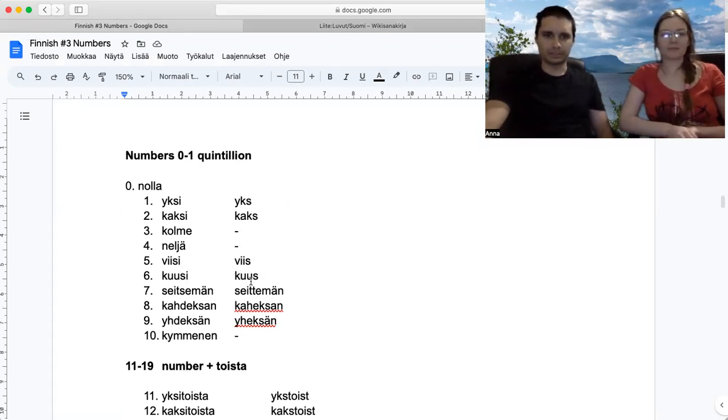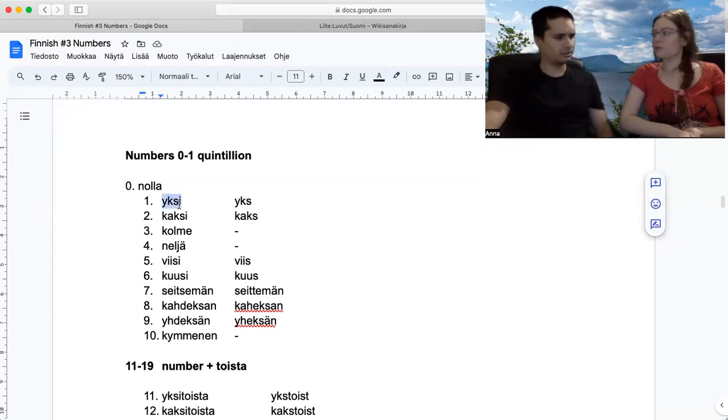Okay, numbers from 0 to 10. So 0, nolla. 1, yksi. In the first column I have the written version, the formal one, and here the colloquial one.